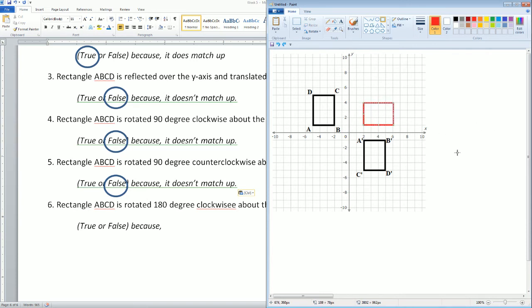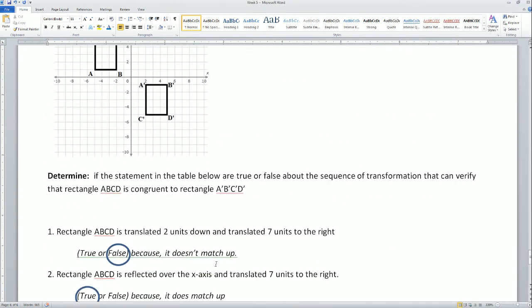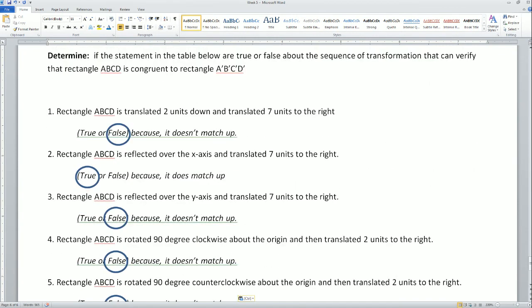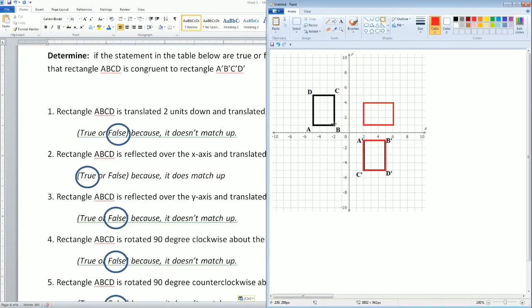Good. Then it rotated right here. Let's see if that matches up identically. So it rotated.